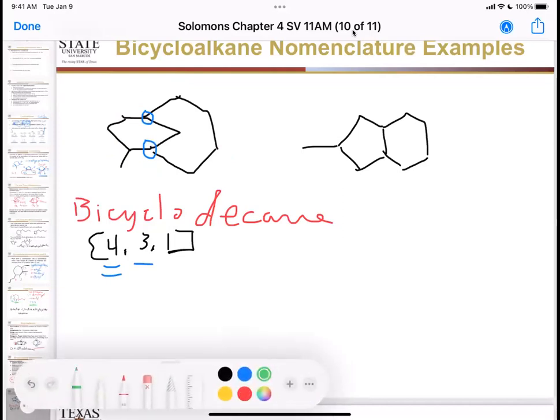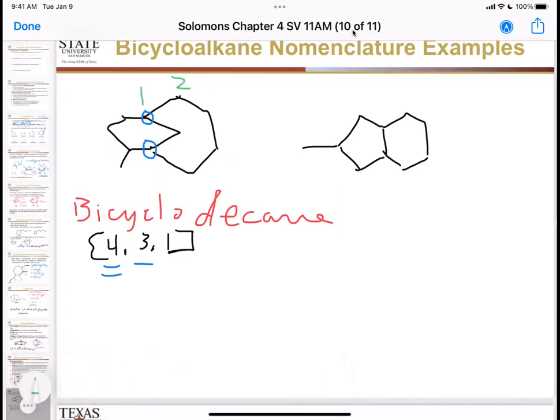So since we didn't do that successfully going around the other way, let's go around this way now. Starting with 1, 2, 3, 4, 5, 6. And now this would be 7, 8, 9, and 10. So 7 is the lowest number we can have for this substituent. It would have been 9 if we named it the other way, but it's 7 when we number it this way.